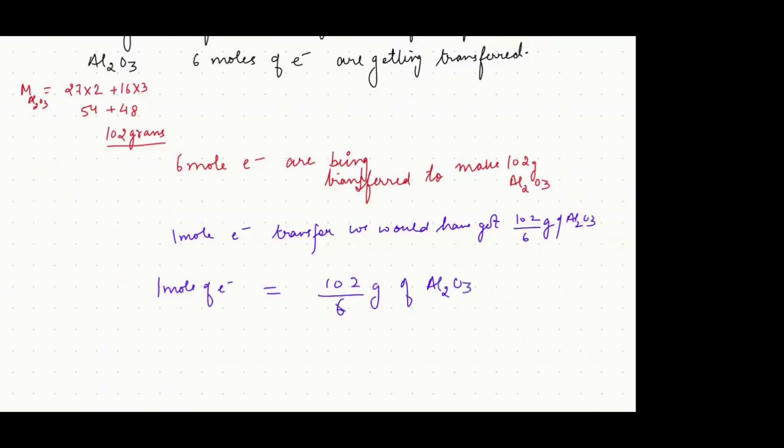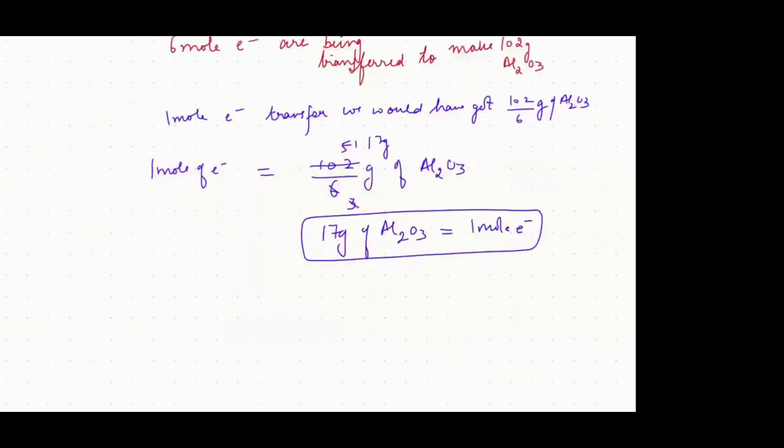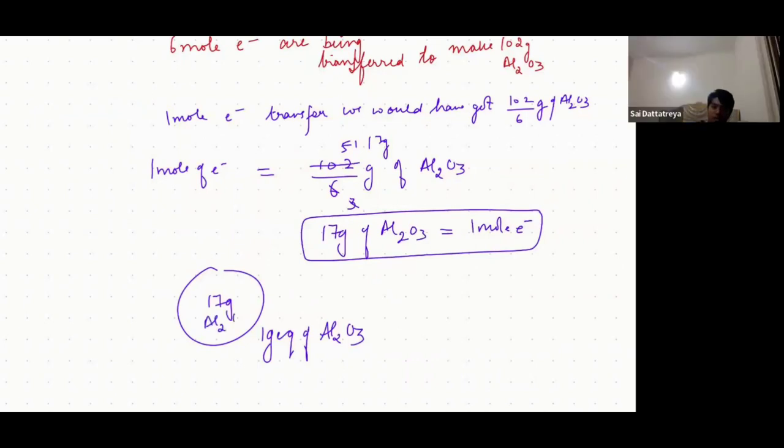That would mean 2 times 3 and 2 times 51, and that's 17 grams. So basically 17 grams of Al2O3 is the mass formed when 1 mole of electron transfer is taking place from aluminum to oxygen. So I would say that 1 gram equivalent of Al2O3 contains 17 grams of Al2O3. Are you understanding my point?